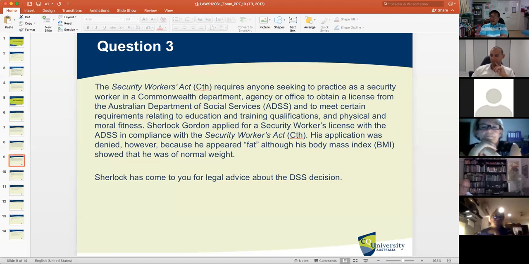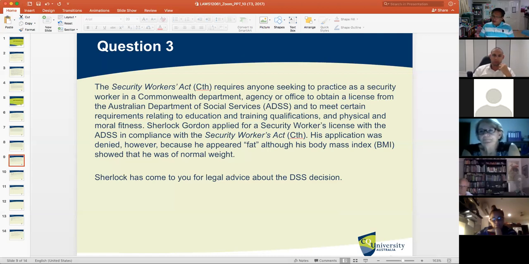And so therefore, any reasonable decision maker will have to come to the conclusion that this person actually meets the requirements pertaining to physical fitness. Correct? How can you say that he is physically unfit if his body mass index shows that he is of normal weight? So there's a ground. Are we clear about that? So this is an instance of Wednesbury unreasonableness.